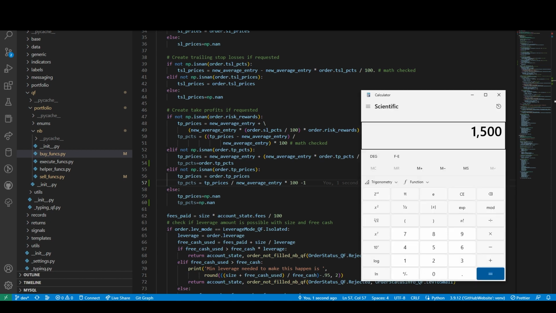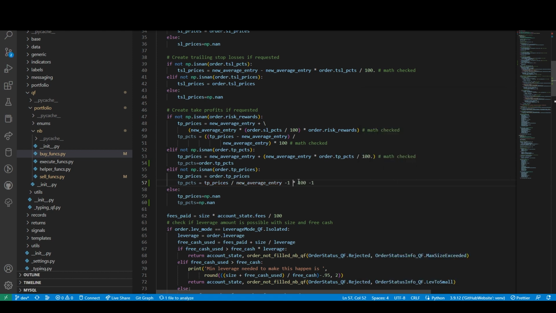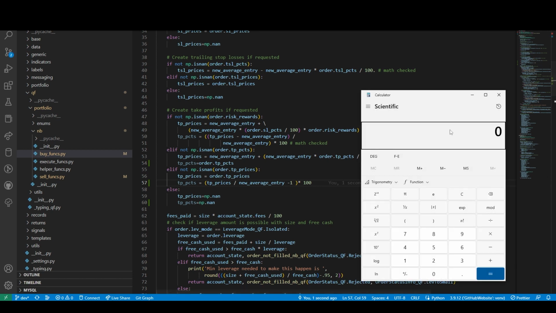So we had 1500 divided by 1000 times 100 minus 1. That doesn't work. Okay. So you got to do minus 1 like this, then we got to multiply by 100. So I got 1500 divided by 1000, minus 1, times 100. Okay.